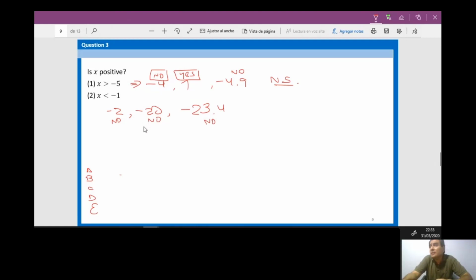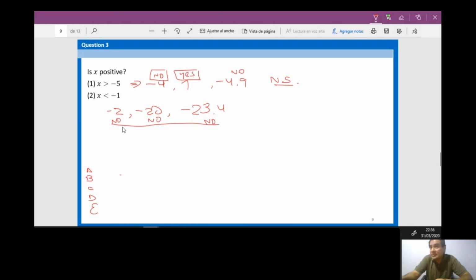It looks like it doesn't matter how hard we try, we cannot find a number less than -1 that can yield a positive or affirmative answer to the question. Because every number less than -1 will always be negative, and the universal answer to the question will be no.